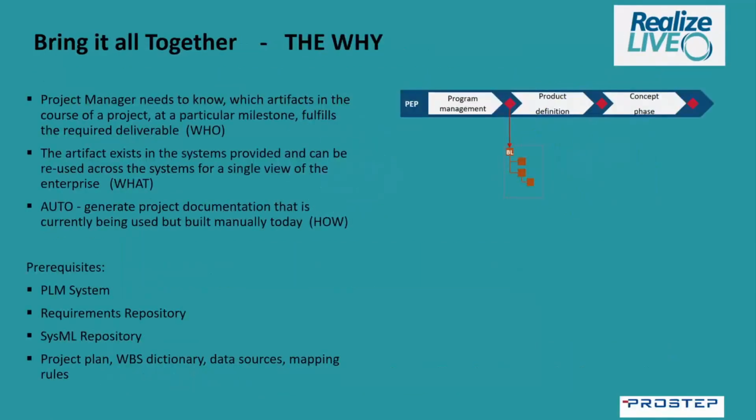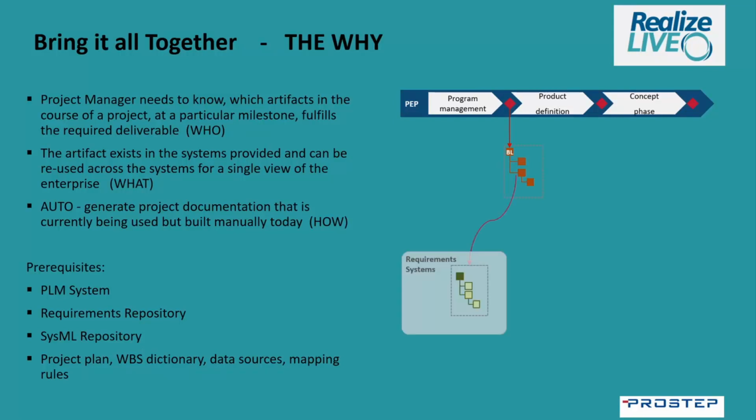So when we bring it all together, think of a simple use case where a project manager needs to know what artifacts are in a project at a particular milestone, and where we are with the status of those particular artifacts.